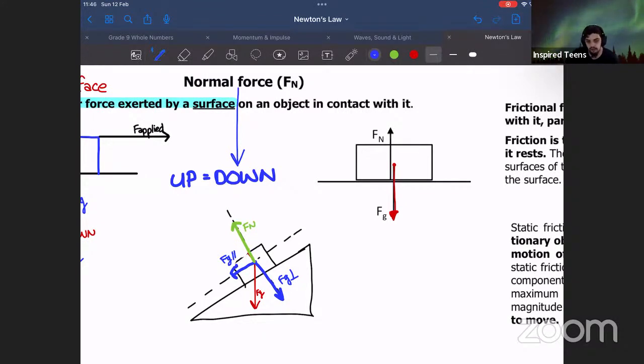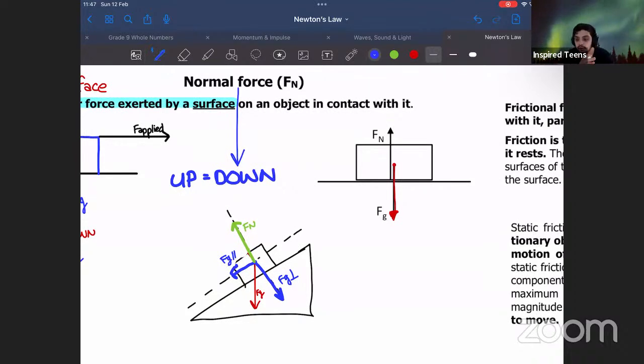Fn, not FGY. FGY would be the down force. Okay, very good. Normal force, Fn. Brilliant, right? So Fn would be the up force, and then Fg perpendicular would be the down force.